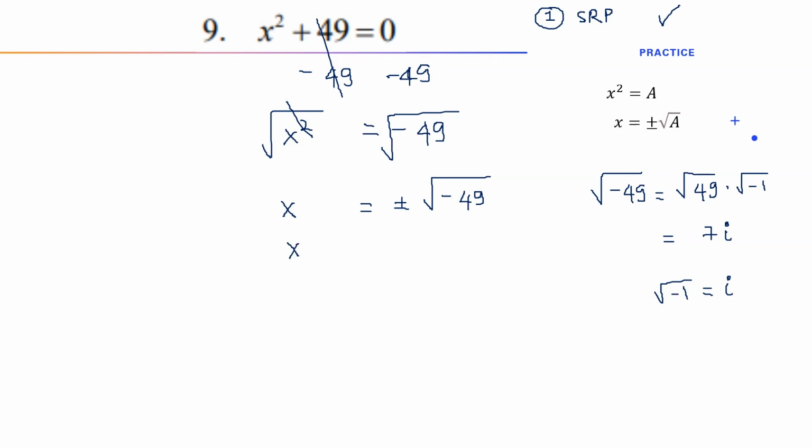So we rewrite x equals plus or minus 7i. x equals 7i or x equals negative 7i. Solution set negative 7i, comma 7i.